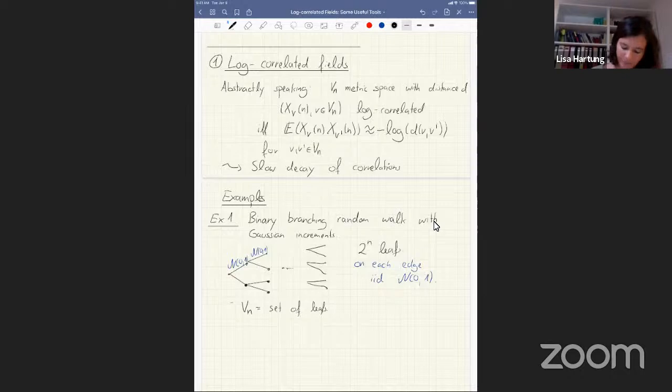And we define our stochastic process X_v(n), for v an element of V_n, as just the sum of the weights on the path to the root.